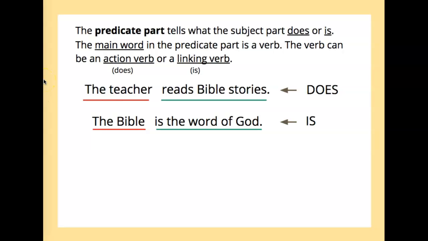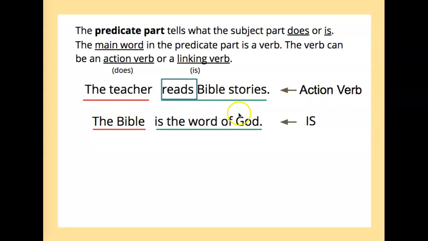If the main word in the predicate part is a verb, then what's the main word in this predicate part? The main word is the verb reads. Reads is an action verb because it is telling us what the subject, the teacher, is doing.